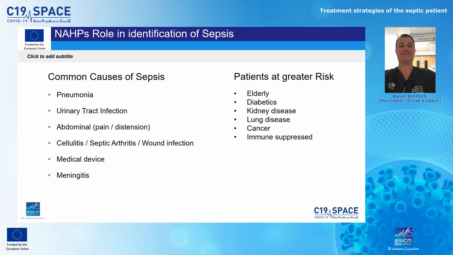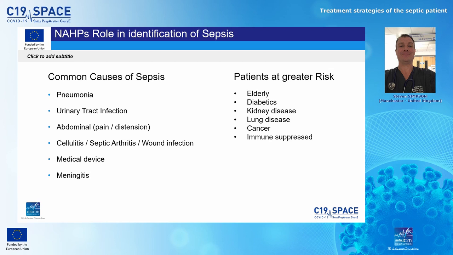Any medical device or vascular device is a good vector for infection, and these need to be inspected daily. Patients could also have meningitis with altered neurological function or obvious rashes.